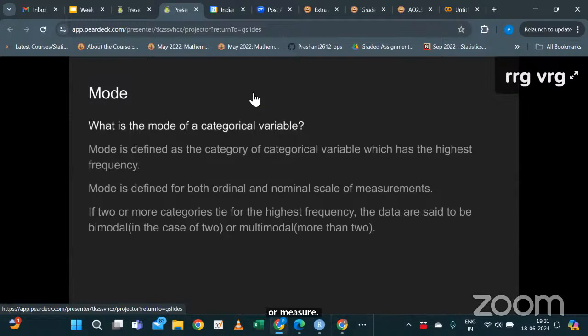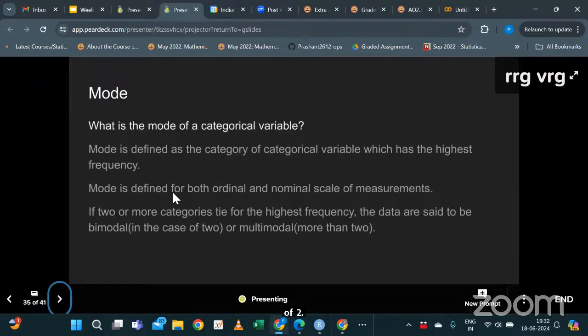If it is an ordinal category and it has the highest frequency, I can calculate it. If it is nominal, I can calculate the mode too. And if two or more categories tie for the highest frequency, let's say for category A it's 15 and for B also it's 15, then the data is said to be bimodal in case of two. And if we have more than two, then I will say it's multimodal data, right?